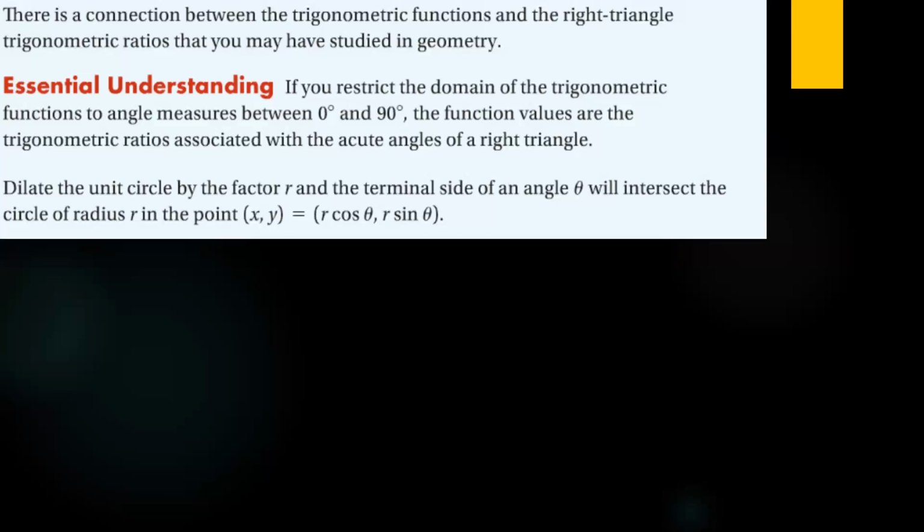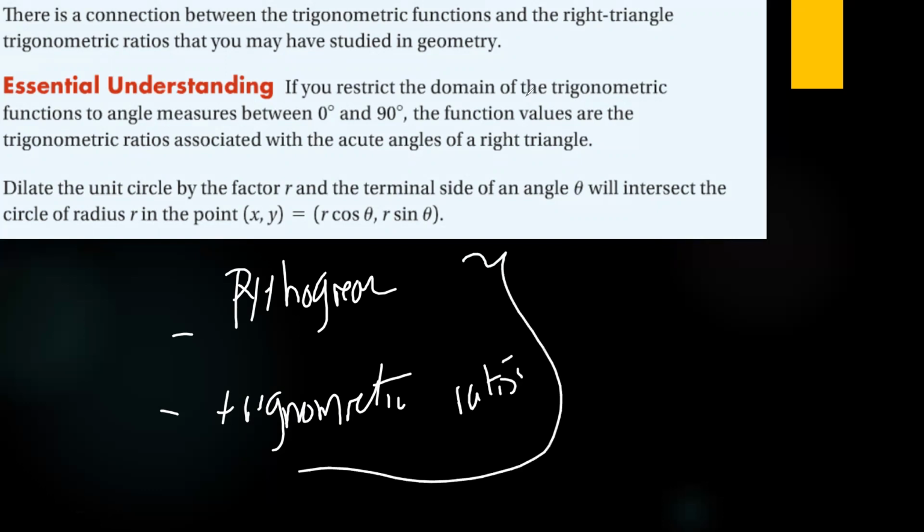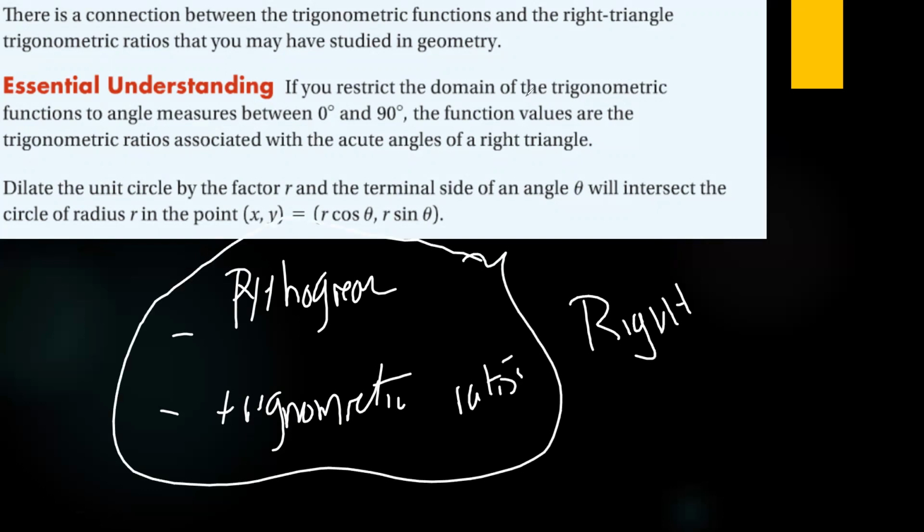So for the right triangle, there are two things you need to remember. One of them is the Pythagorean theorem, and one of them is the trigonometric ratios. These two only work in a right triangle.